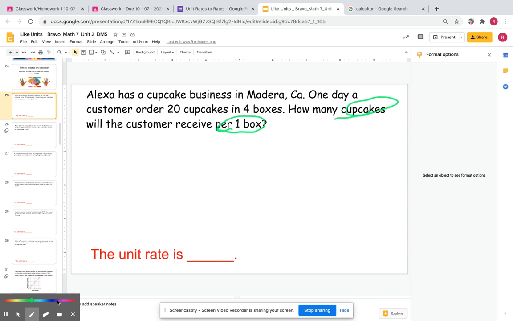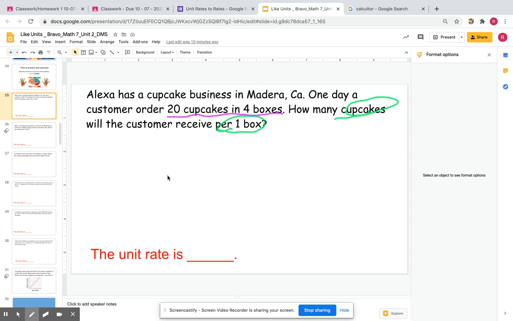Okay, let's start off. We know what we're finding, but let's read it one more time just to make sure we understand the problem. Alexa has a cupcake business in Madera, California. One day, a customer ordered 20 cupcakes in 4 boxes. How many cupcakes will the customer receive per 1 box?